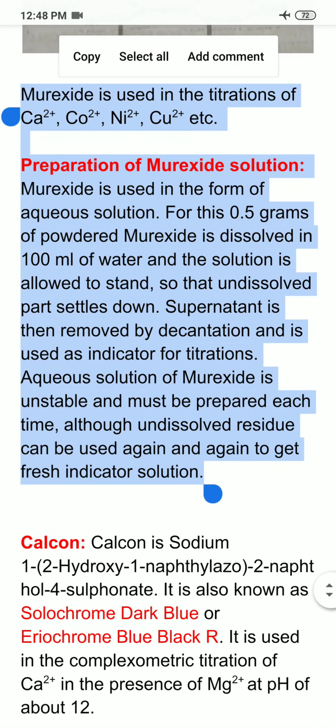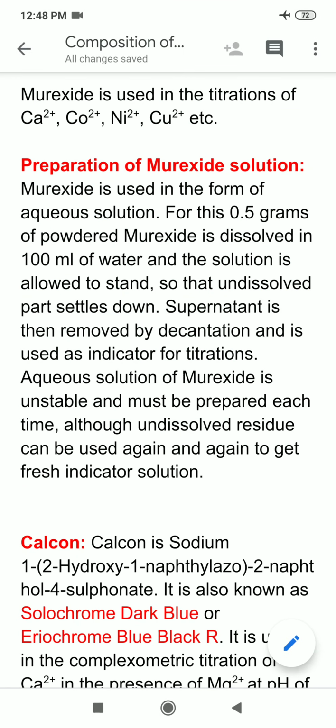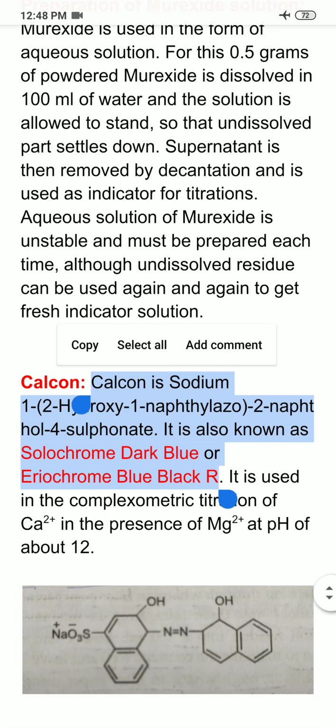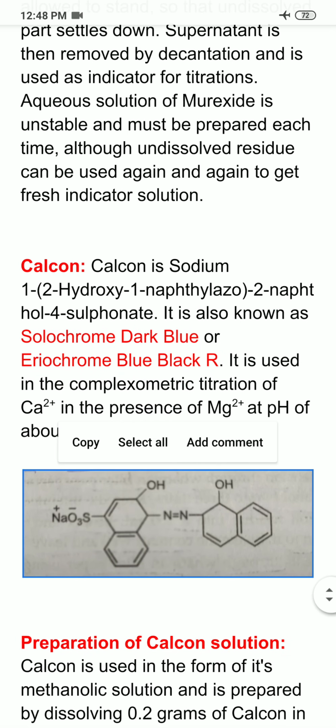Next is Calcon. Now Calcon is chemically almost similar to EBT, and it is also a sodium salt of 1-(2-hydroxy-1-naphthylazo)-2-naphthol-4-sulfonate. This is the structure of Calcon. You can see the difference between EBT and Calcon is that it does not have a nitro group at the 6th position. Other things are the same.